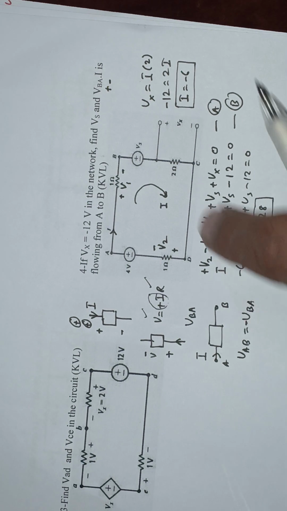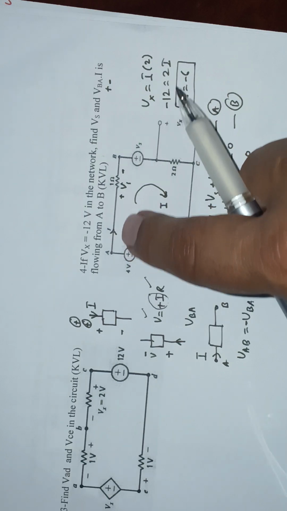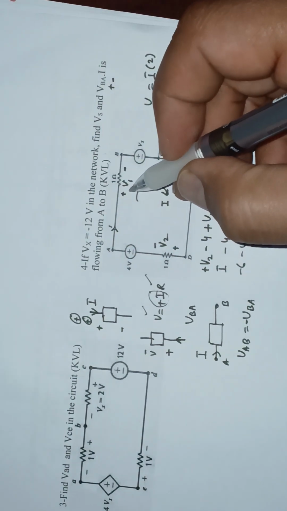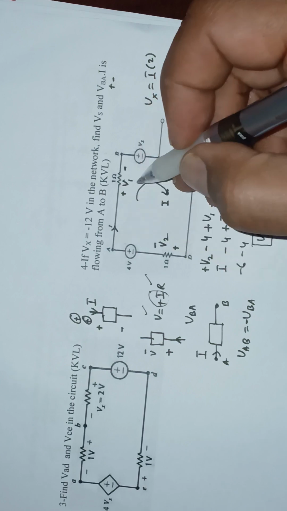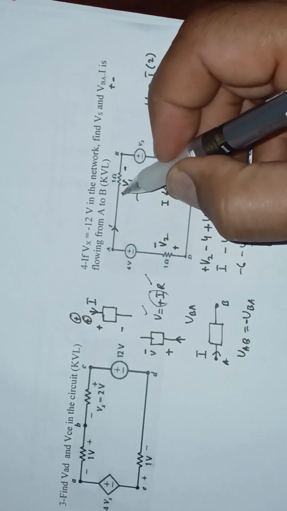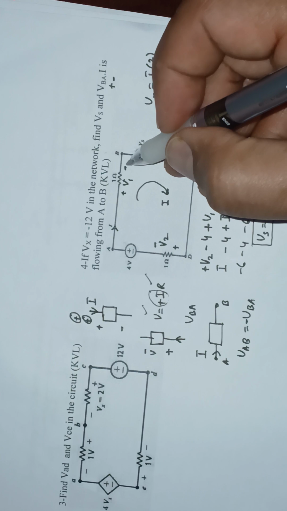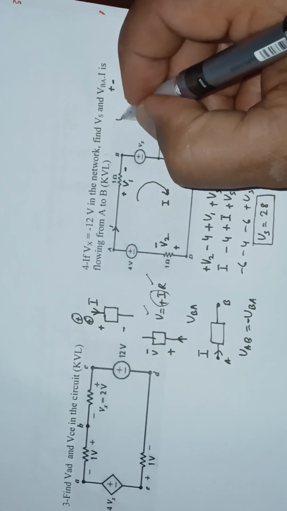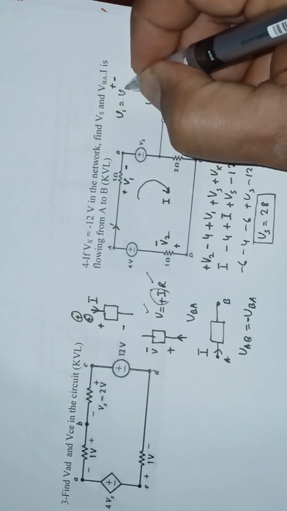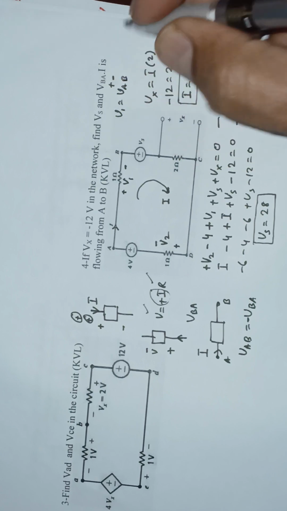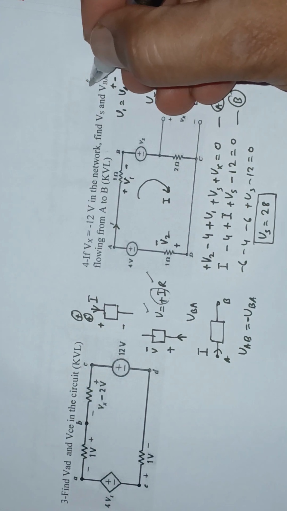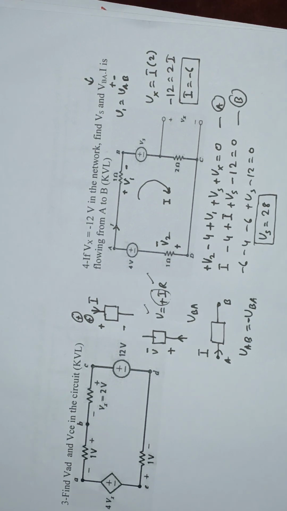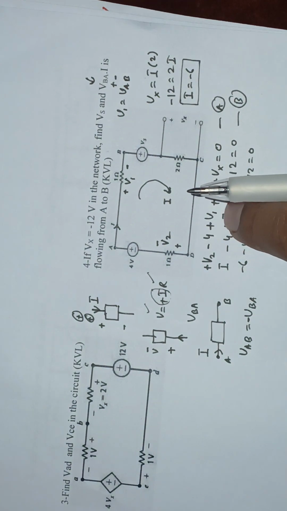In this case, because of the passive sign convention, V1 is VAB, because the V1 variable has a positive terminal connected to A and a negative terminal connected to B. So V1 is the same as VAB, and I have to find VBA.